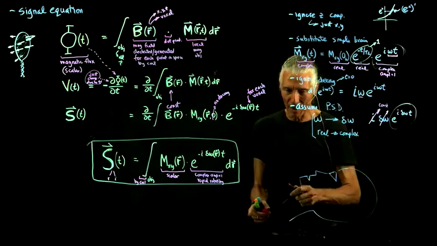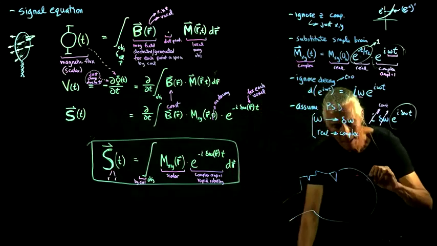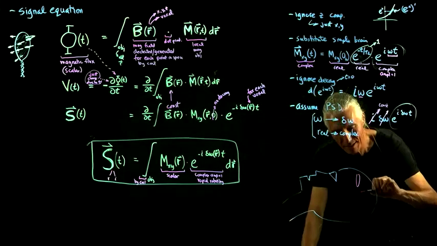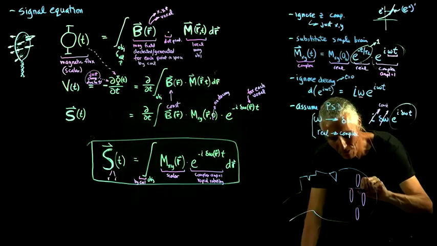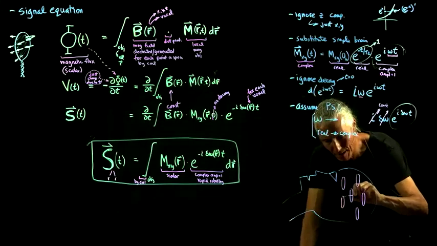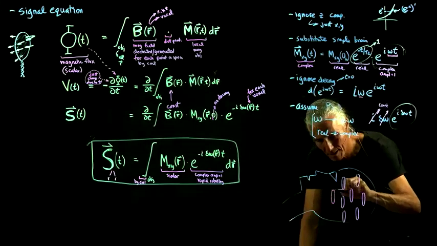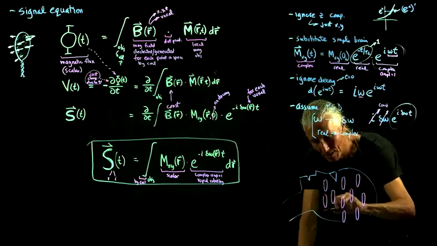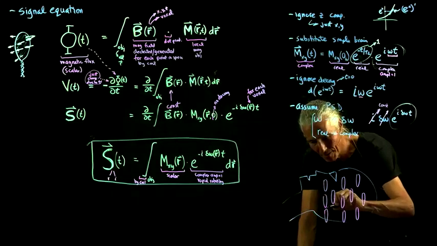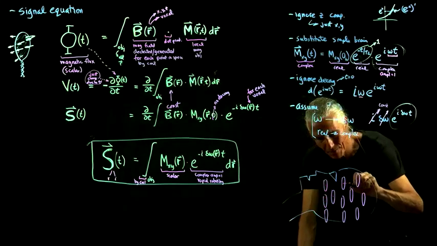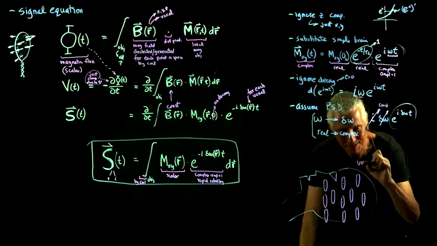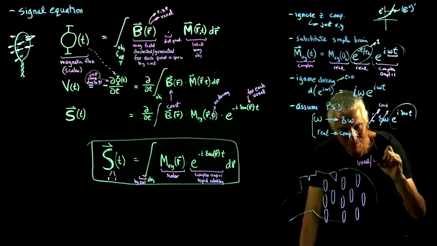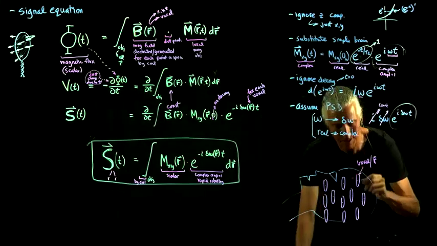We ignore the z components, so we're only looking at the xy components. Here are the little planes that I'm trying to draw, and those are all the voxels. This is a voxel, one dr, one dx dy dz. So that's a voxel right there.